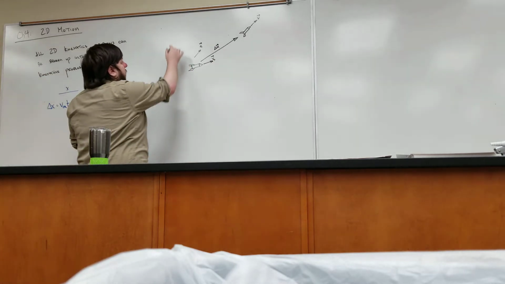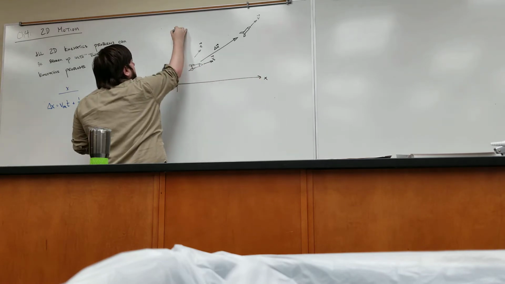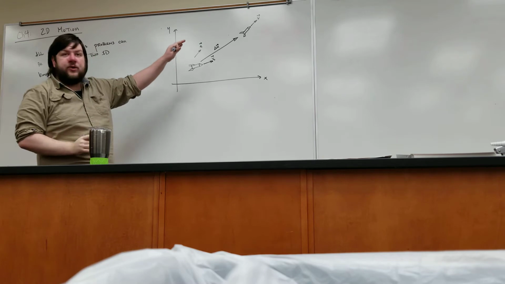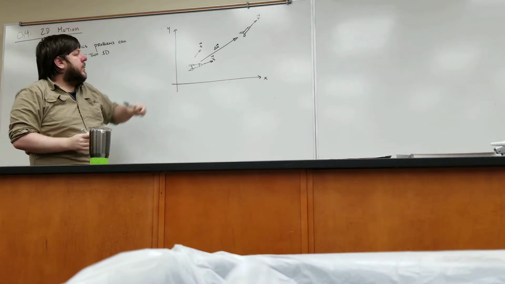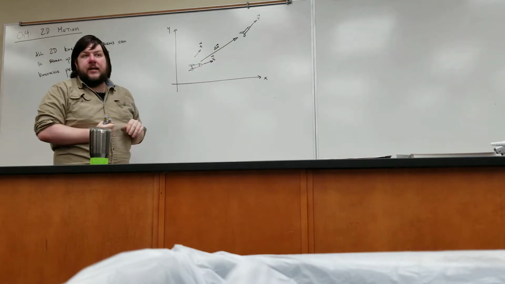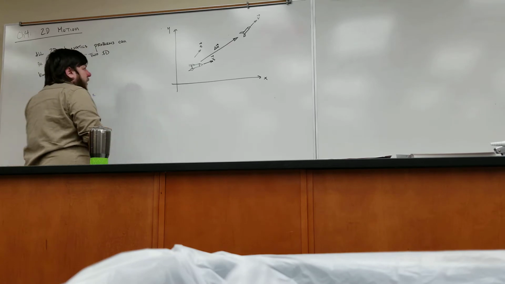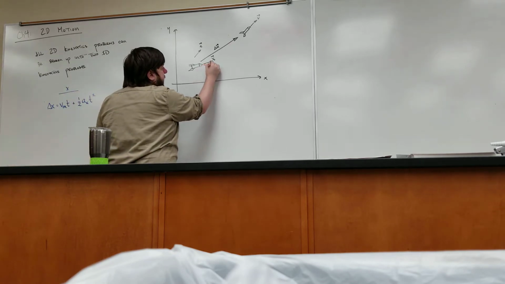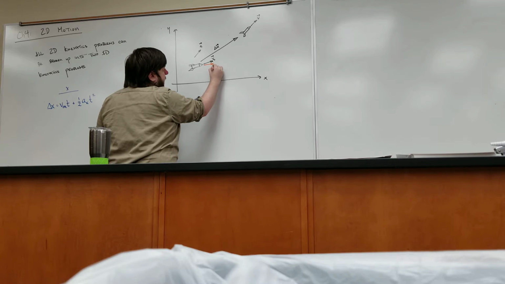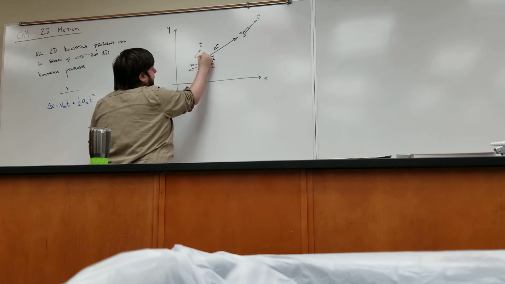Okay, if we were to draw a coordinate system, x, y, this problem's clearly a 2-dimensional problem, okay? Then we could break each of these vectors up into x components and y components. The initial velocity would have an x component v naught x, and a little y component v naught y. The acceleration would have an x component ax and a y component ay.